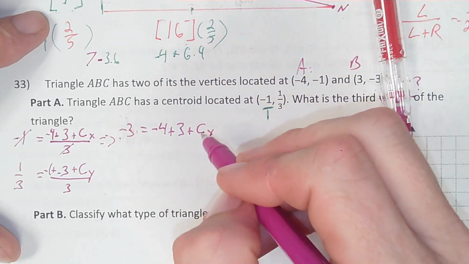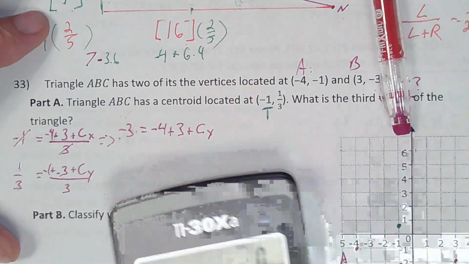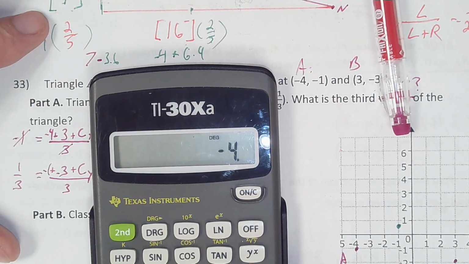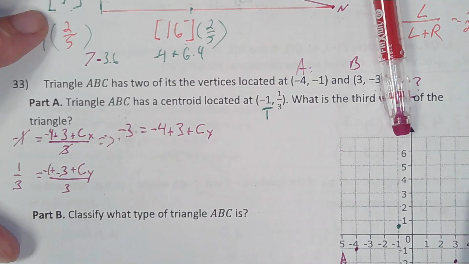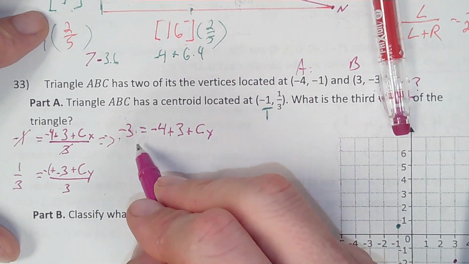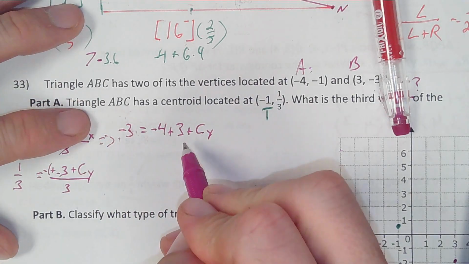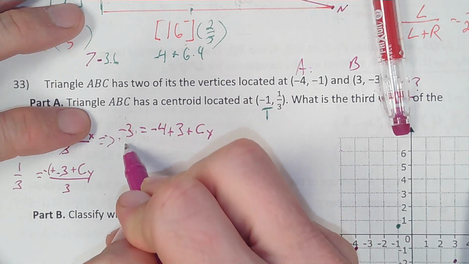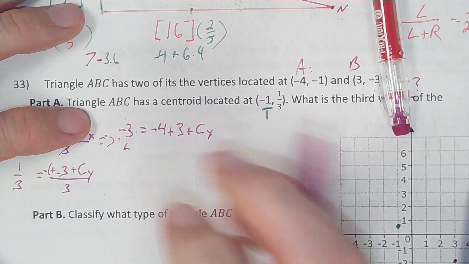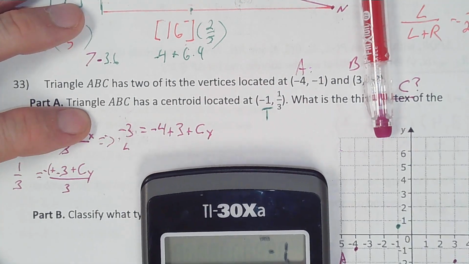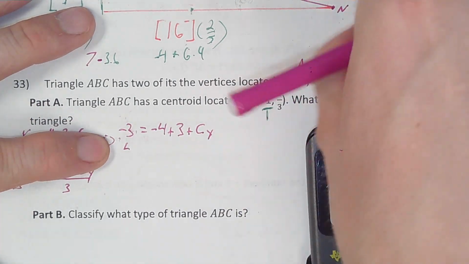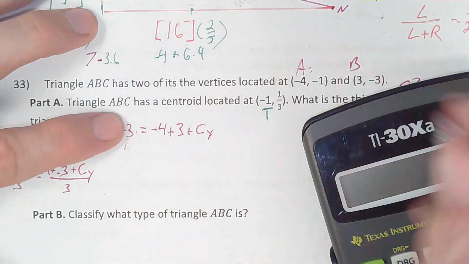Okay, so I'm going to rearrange some stuff here. So -4 plus 3 equals -1. I'll move that to this side. So C is going to equal 2, I believe.